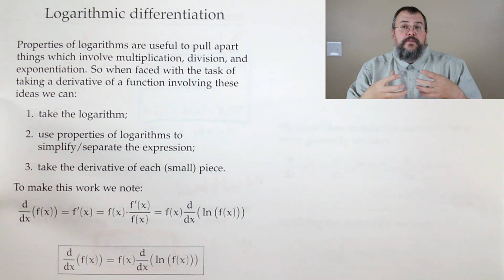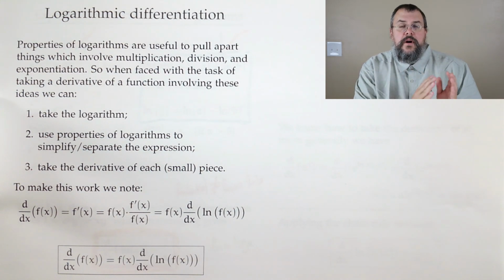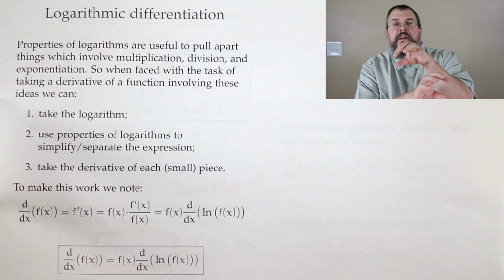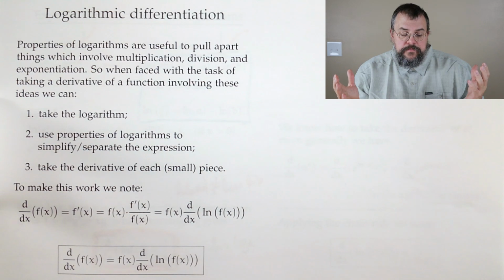So in other words, I can turn multiplication into addition, and addition is much easier to work with because when I'm taking derivatives, I do the individual parts. And when I have something both upstairs and downstairs, it turns it into a product rule, which again is something that we can handle.